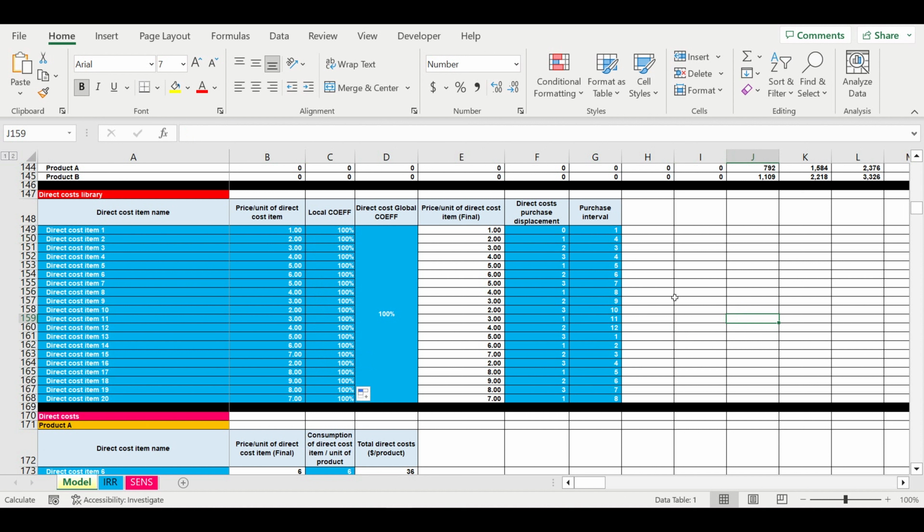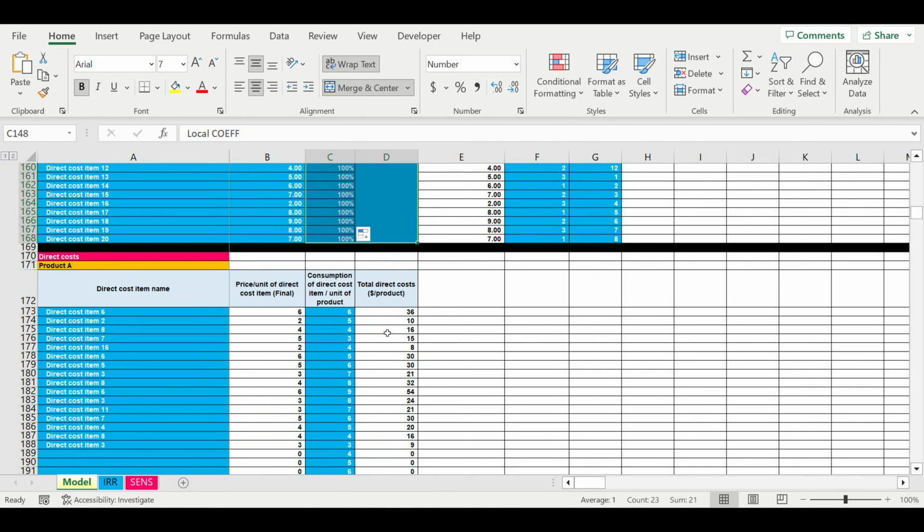So the system of coefficients is very useful if we need to create a huge amount of scenarios and the amount of inputs is huge. We can avoid playing with the inputs themselves and just play with the business idea using only local and global coefficients. That is why we were modeling these blocks of coefficients in the previous videos that I was showing you.